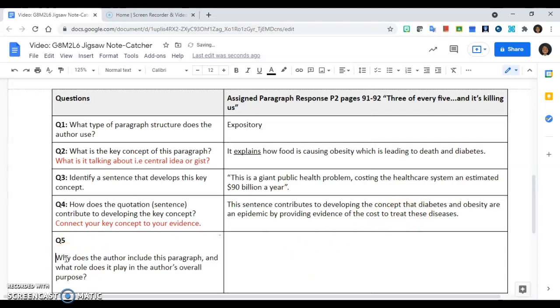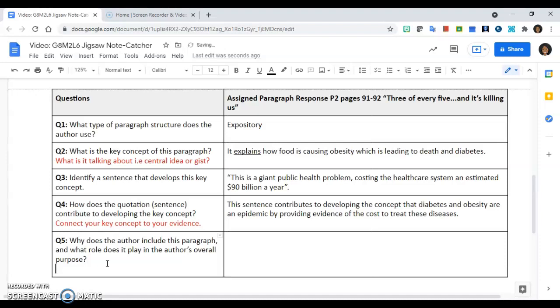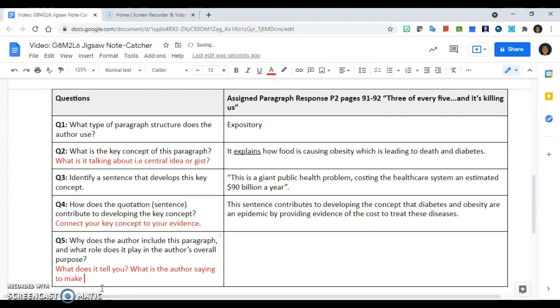And then the final thing is, well, why does the author include this paragraph and what role does it play in the overall purpose? So we're going a little bit outside of this specific paragraph and thinking about the text as a whole. So what does it tell you? And what is the author saying to make us believe it?